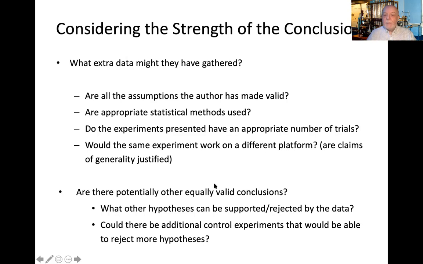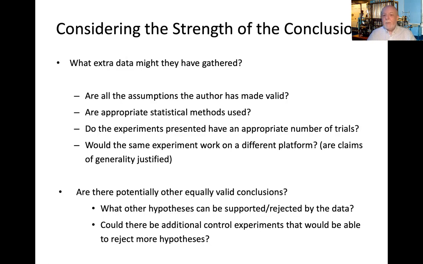Are there other equally valid conclusions to be made based on the experiments that have been done? For us, in the field we're in, science and in robotics in particular, almost all of the conclusions will be made after having undertaken some experiments. So that's the crucial part of all: are the experiments being constructed properly? Have enough experiments been done? Is the right data being collected for the conclusions that have been drawn?